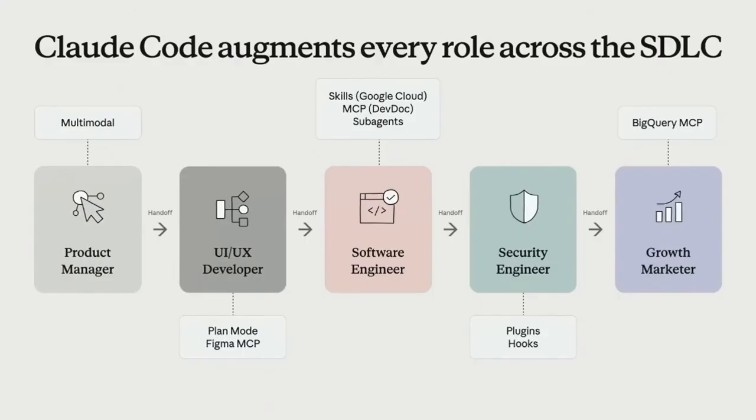For the remaining part of this presentation, I'm going to put on the hat of each of these personas. I'm going to show you how you can use these Claude Code components together with Claude on Google Cloud to build and ship a very simple feedback application that at the end of the presentation we are going to use to rate my performance here.